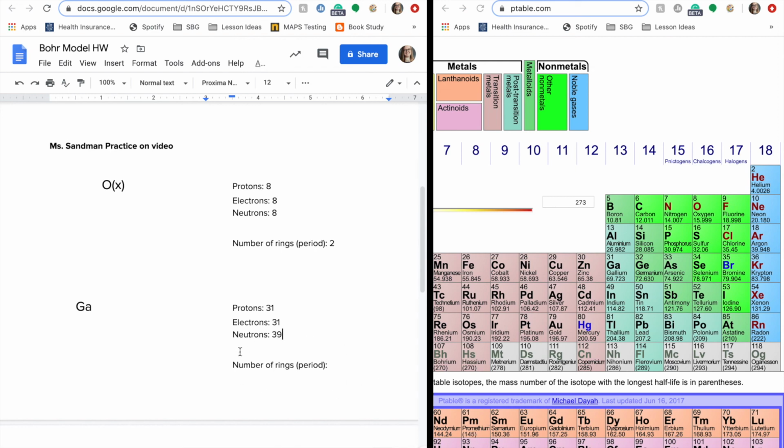And for the number of rings, so what period it falls into, I'm going to count down 1, 2, 3, 4. So it is going to have 4 rings around it. So next I'm going to do this example on a piece of paper and I will get back to you.